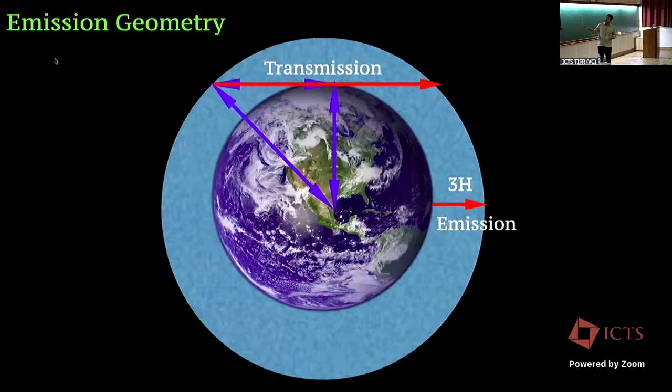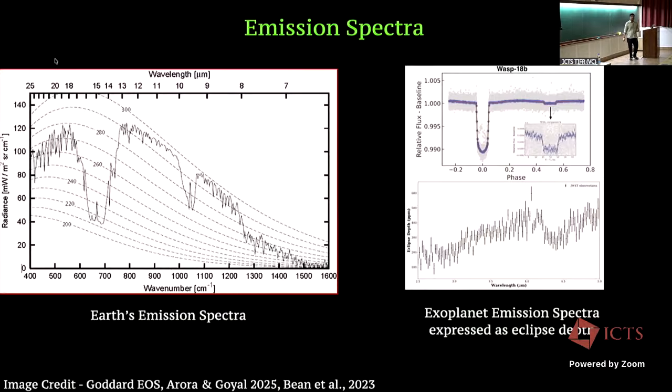In the next slide we'll see how much difference this makes. Suppose this is your star. This was the transmission geometry, which had to cover this whole atmosphere. But in emission, what we measure is the radiation coming from the planet's atmosphere.